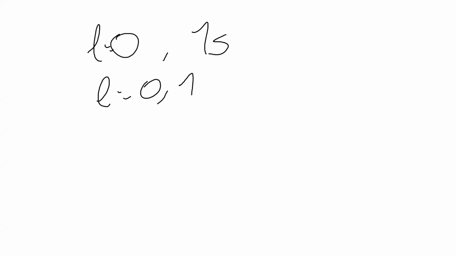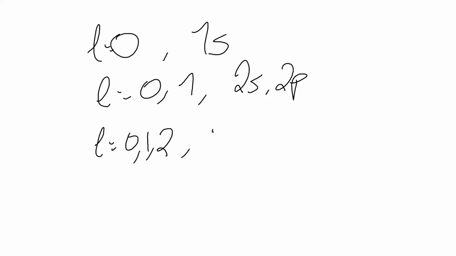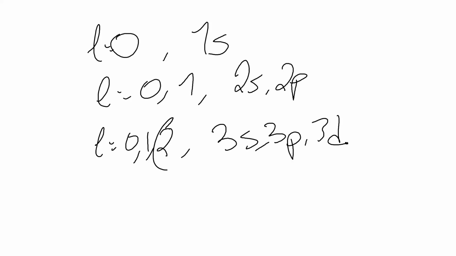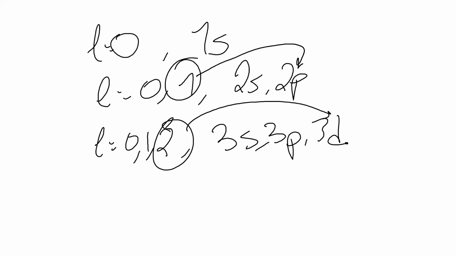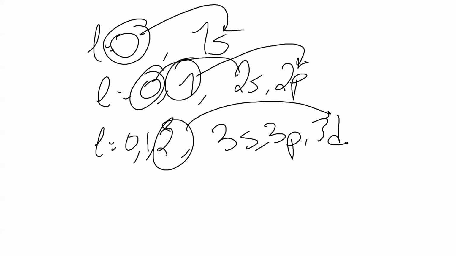We're going to have 2S, 2P. If L equals 0, 1, 2, we're going to have 3S, 3P, 3D, because we said at 2 we have a D, at 1 a P, and at 0 an S.